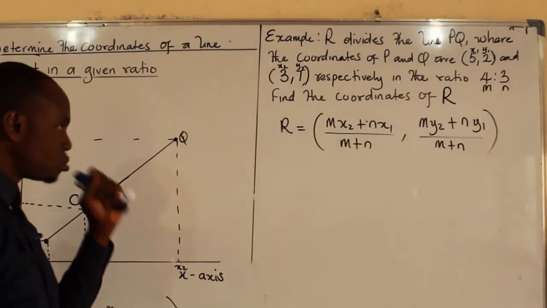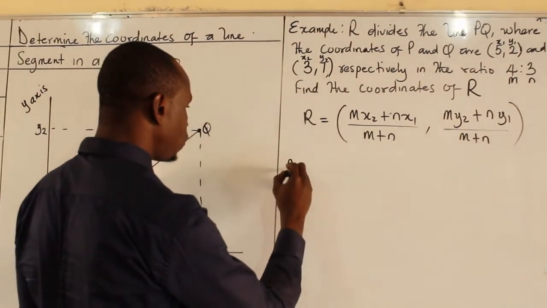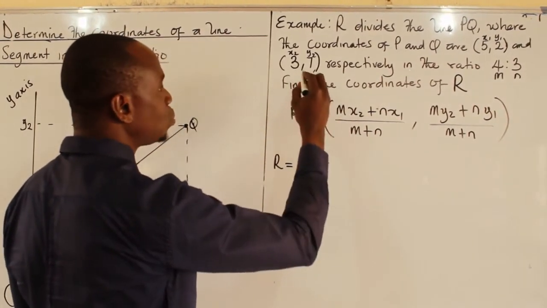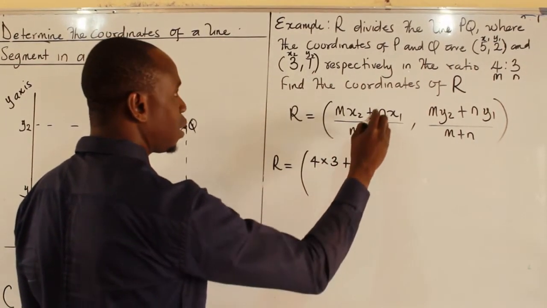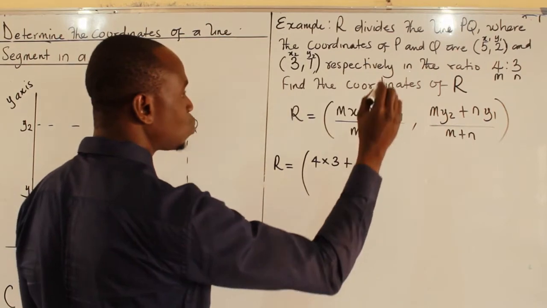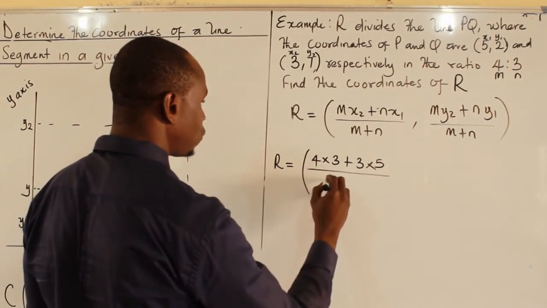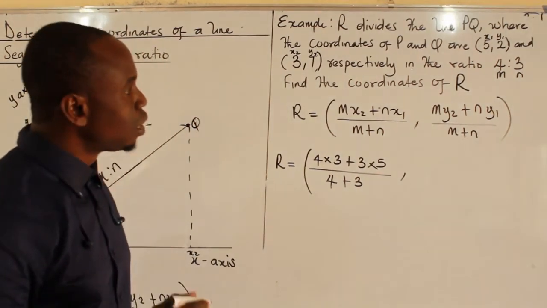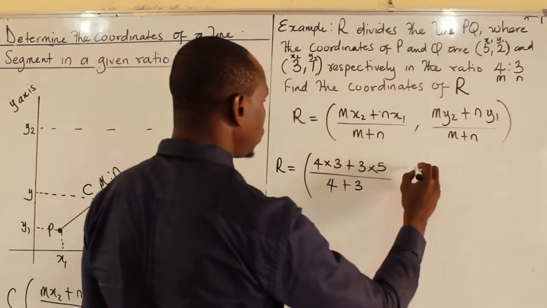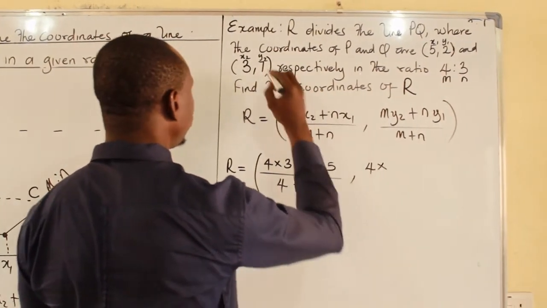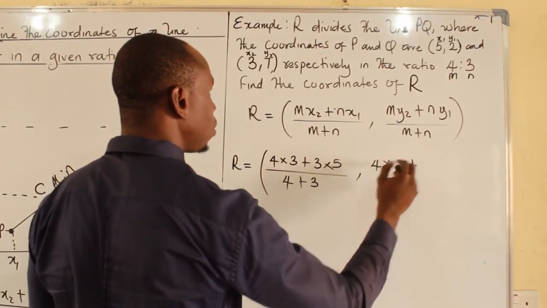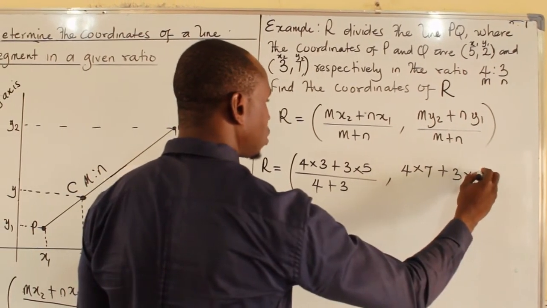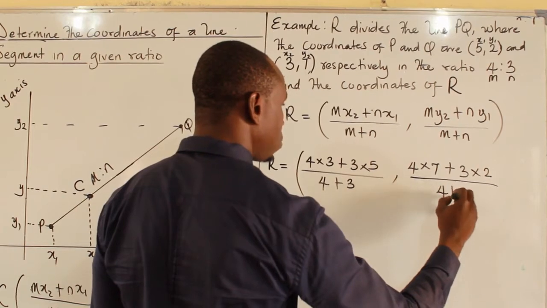So if we substitute those into the formula we have, m, which is 4, will multiply x2, which is 3, plus n, which is 3, will multiply x1, which is 5, all over 4 plus 3. Similarly, on the y-axis, m, which is still 4, will multiply y2, which was given to us as 7, plus n, which is 3, will multiply y1, which is given to us as 2, all over 4 plus 3.